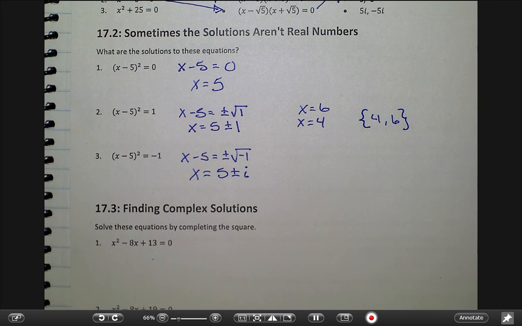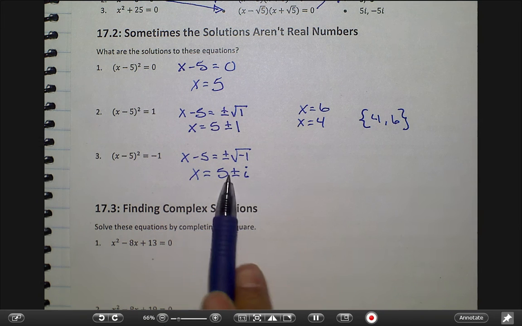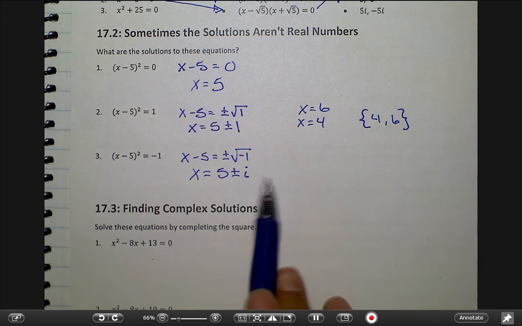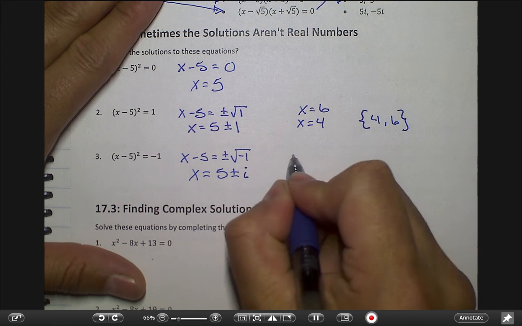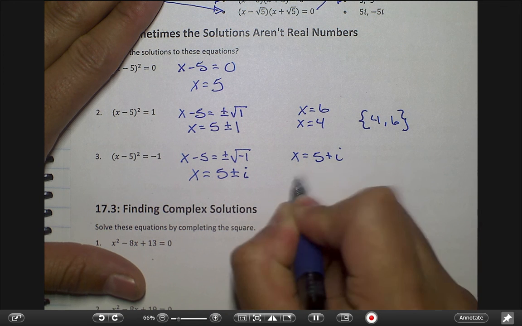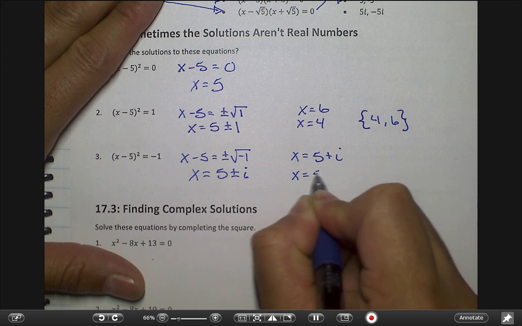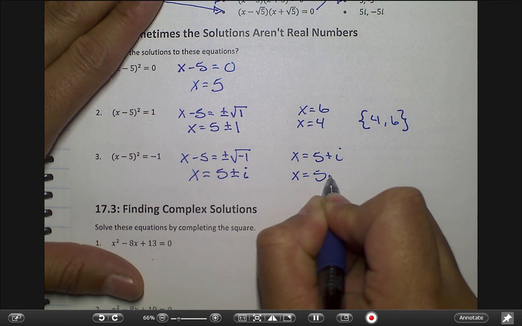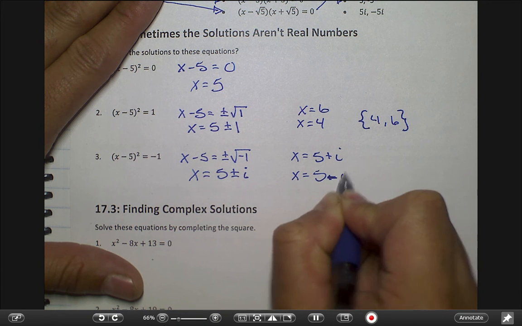Now, because i is the complex part, i is imaginary. So that means not real. 5 is a real number. I cannot put these two together. So my two solutions are x equals 5 plus i, x equals 5 minus i. That's a minus. Come on now. Minus i. There we go.